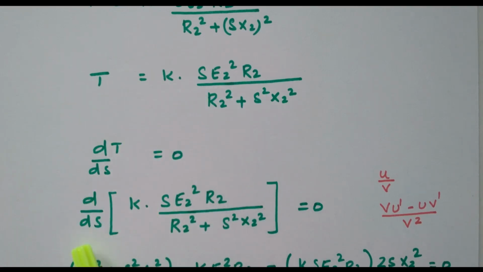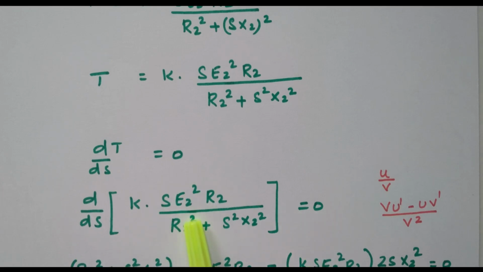So d by ds, differentiation with respect to slip, of the torque equation. Now substitute the torque equation here, k into s E2 square R2 divided by R2 square plus s square X2 square, that is equal to 0. So by differentiating this equation with respect to s and equating to 0, we will get the condition for maximum torque.